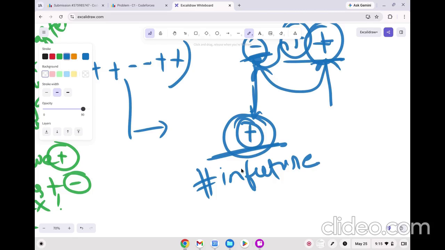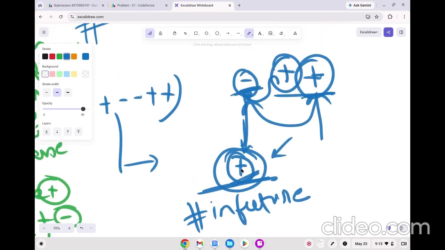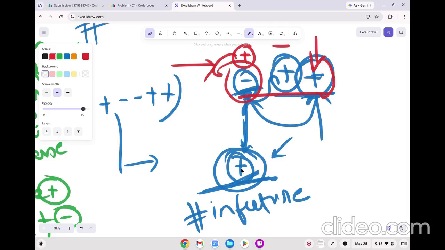So you also need to make sure that the plus which you got is converted to minus. Are you getting it? Let's say this was my plus, and what did this plus do? This plus converted this plus to minus, this minus to plus. Now you have a plus which was not initially in your array. While you were traversing from left to right, you definitely missed that part, right?